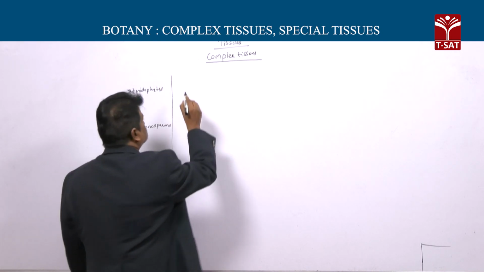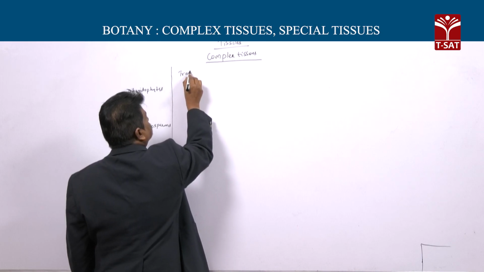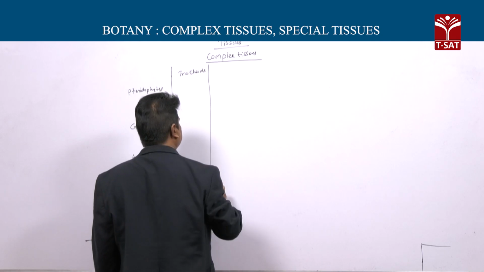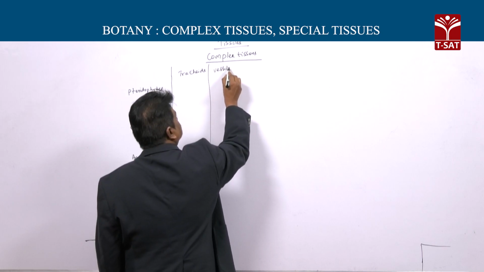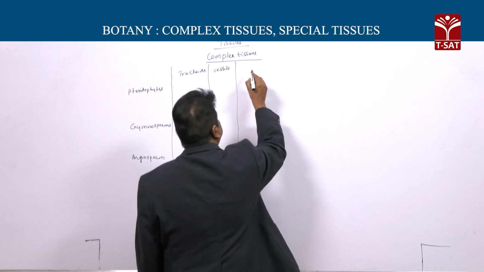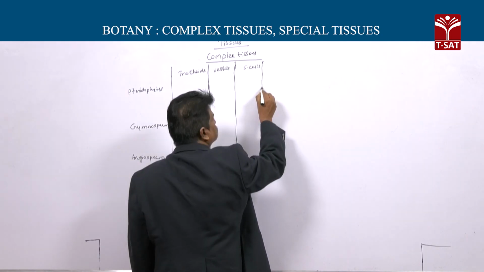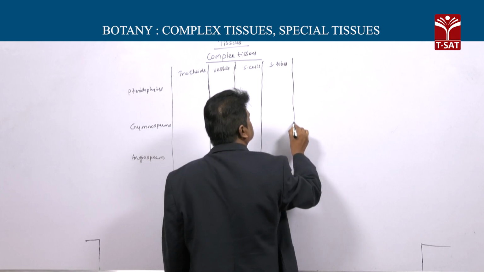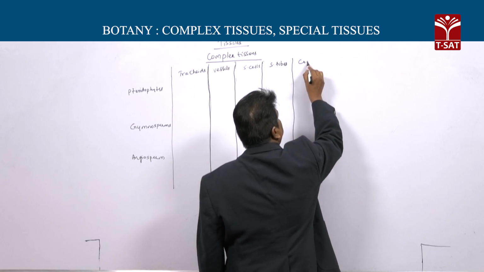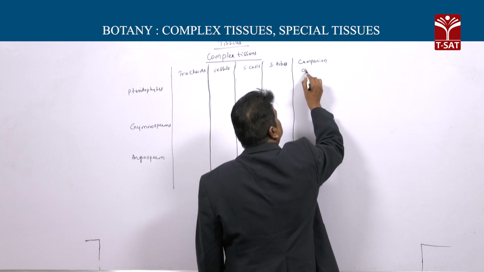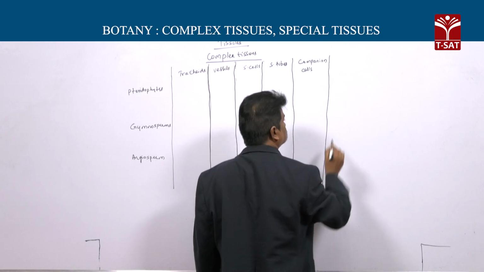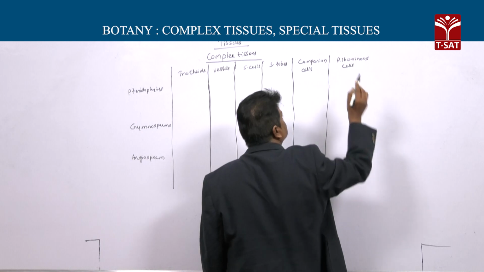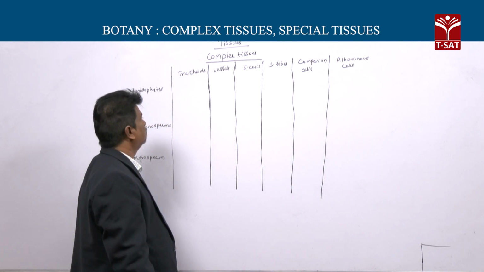Then tracheids, vessels, sieve cells, then sieve tubes, companion cells, and albuminous cells. So these are parts of xylem and phloem.